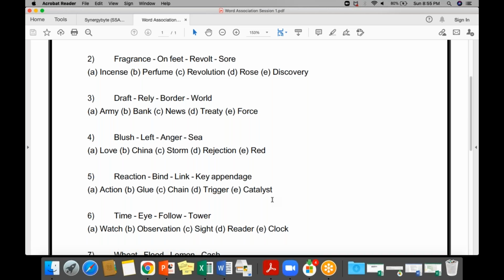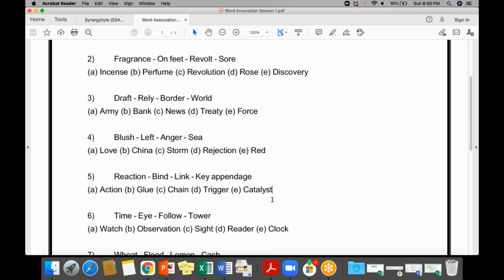What is key appendage? Key appendage refers to an important part of something. It means an important appendage, which is a significant part of something.